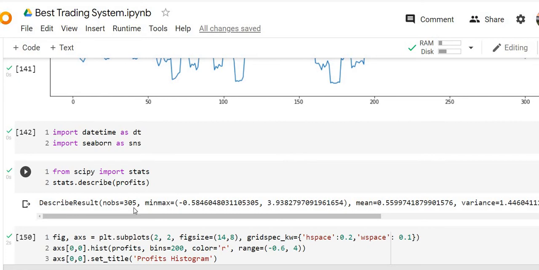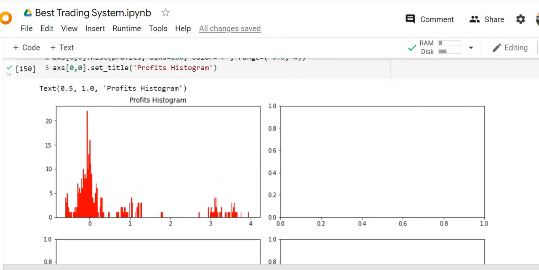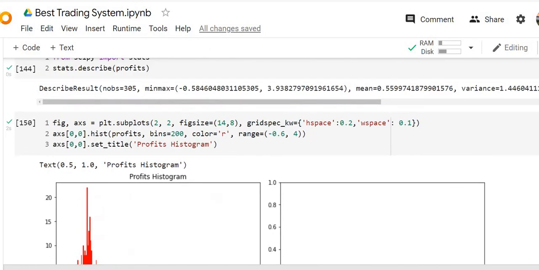So we have the number of our opened positions, 305, and the minimum was minus 0.58 and the maximum was plus 3.93, and they are important for making the profits histogram.